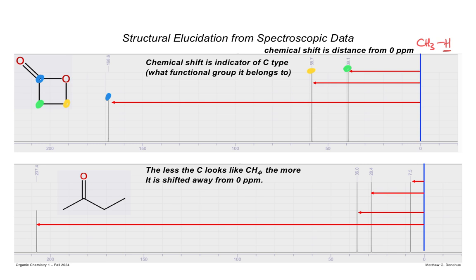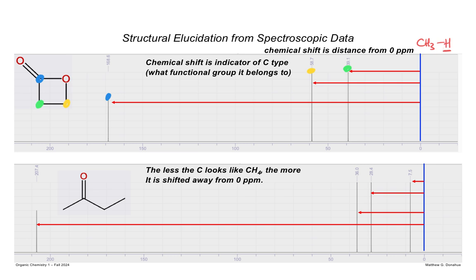So why is that? Well, the yellow one's bonded to oxygen, right? And we know from electronegativity that it should push it further away from 0. So that's one way to explain the location of the second one. The location of the green one, again, this CH2 looks the most like methane, so it should be closer to 0.